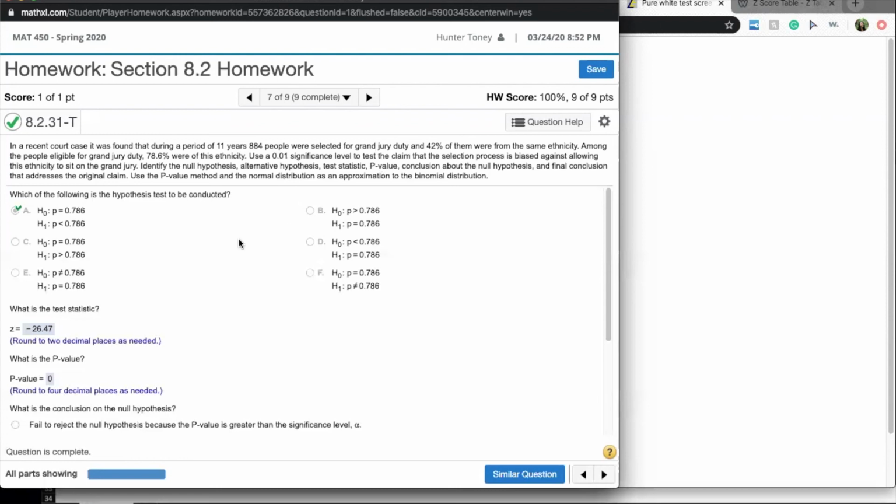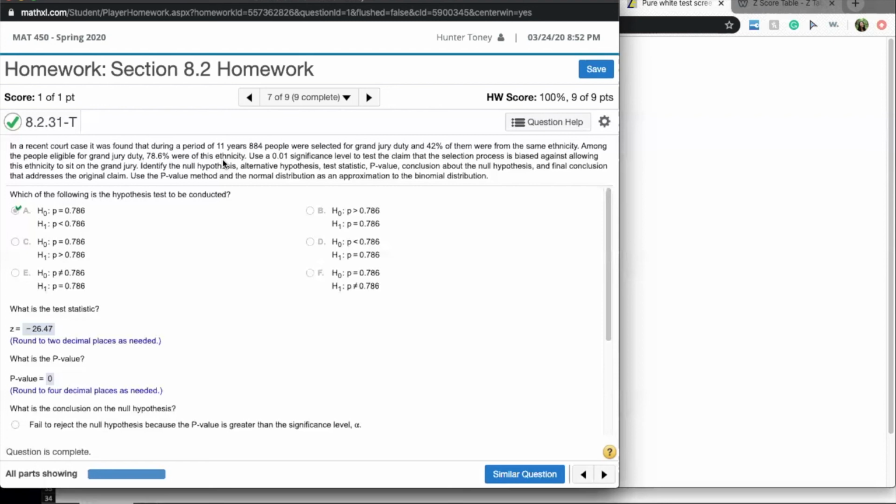So step one, we want to identify our hypotheses. We want to see if a jury selection group is biased against a certain population. If we know that 78.6% of them are that ethnicity and people are chosen fairly, then they should show up 78.6% of the time.